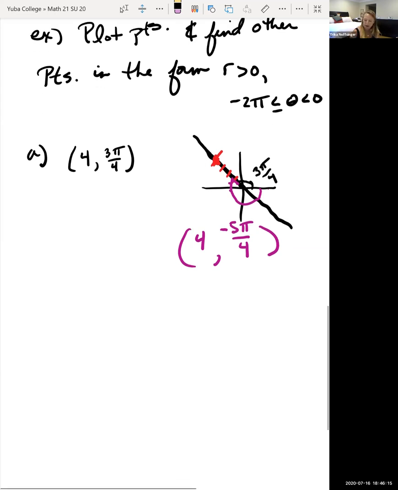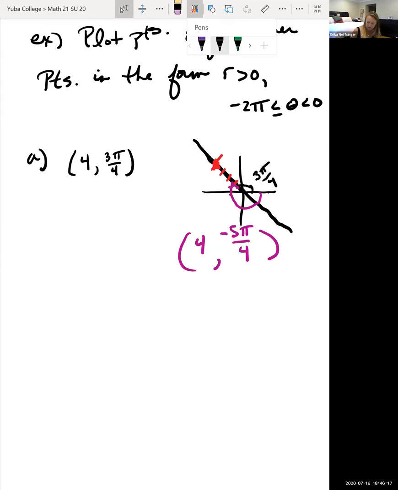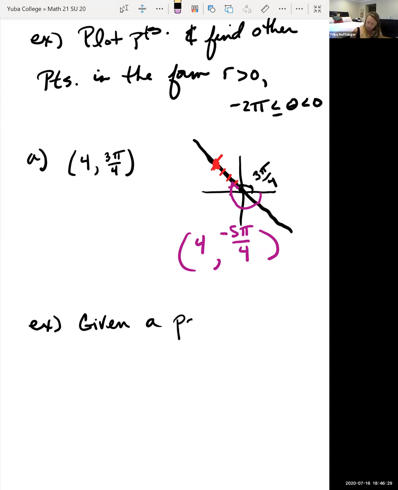So let's say we want to go backwards. Let's say you're given a polar coordinate, and what we want is to find the rectangular coordinates of each.